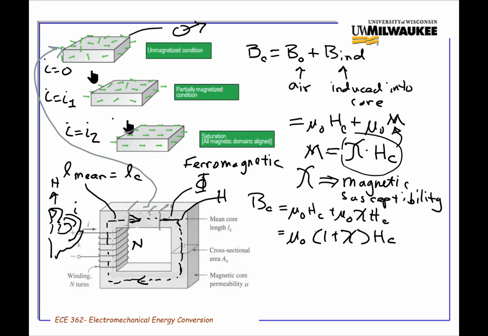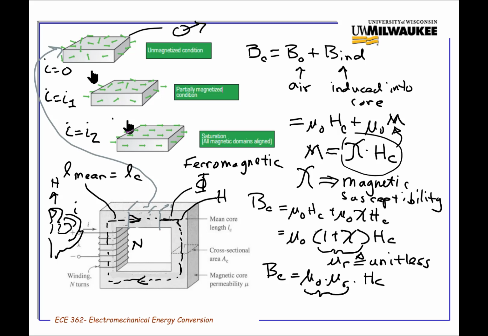And what we do is define this 1 plus chi as mu relative. It's a unitless quantity. It has no units. It's just a little multiplier times the mu naught. And so we can say the flux density in the core is actually mu naught mu r HC.